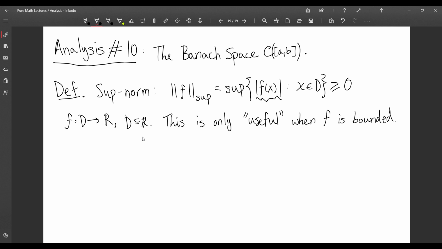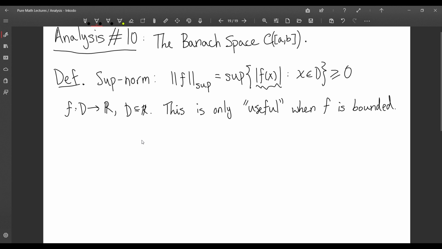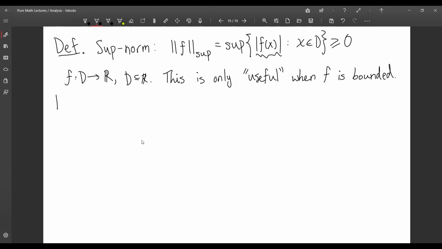The sup norm of f is then not going to be a real number, so we're going to be concerned with dealing with bounded functions. The next thing that we can define is what is this C(D), right?